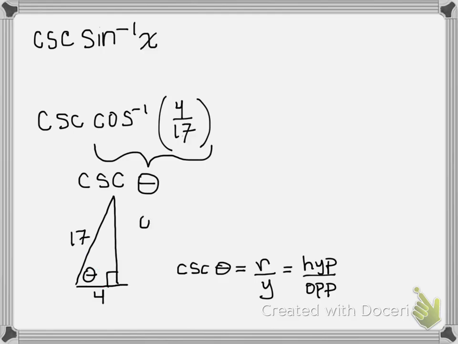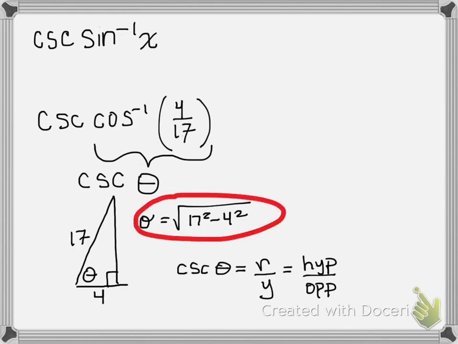The opposite side is equal to the square root of 17 squared minus 4 squared. That is just a manipulation of the Pythagorean theorem, which I hope you can follow, or take a few moments to reflect on and understand what we're doing. And then we would evaluate that, right?